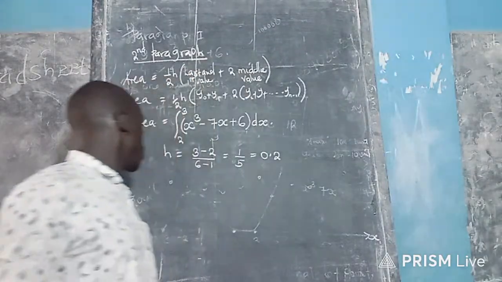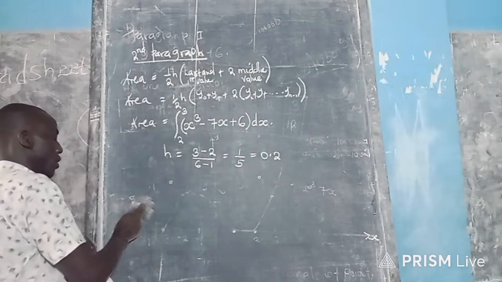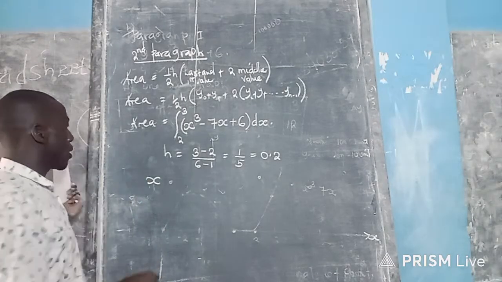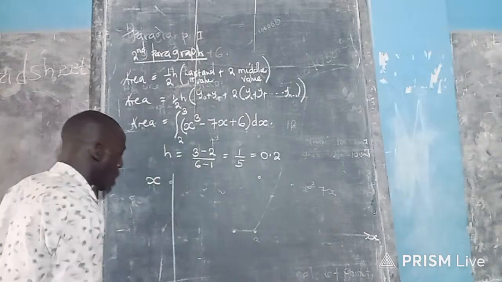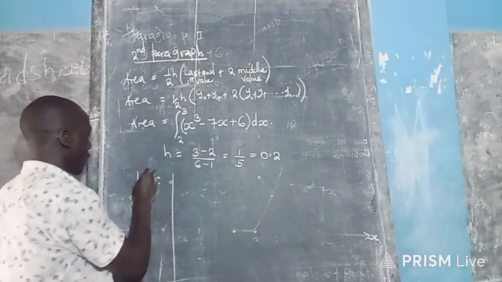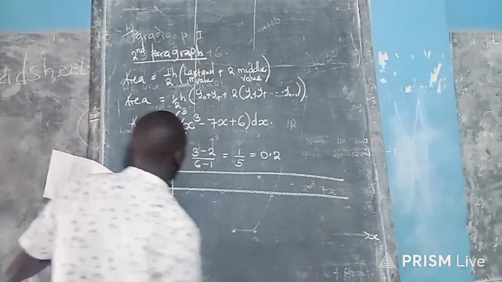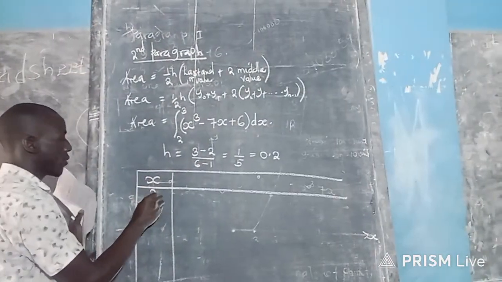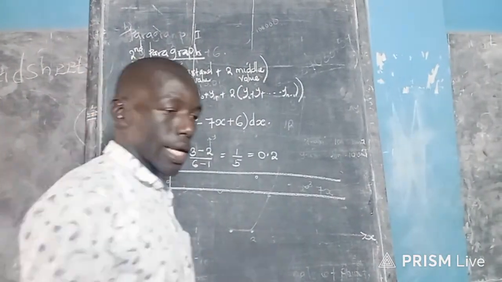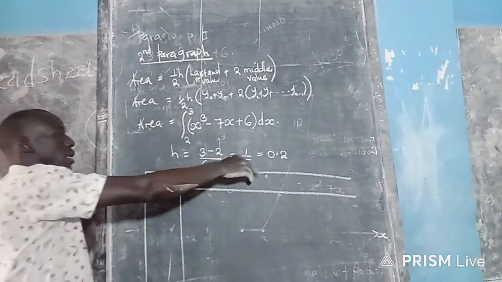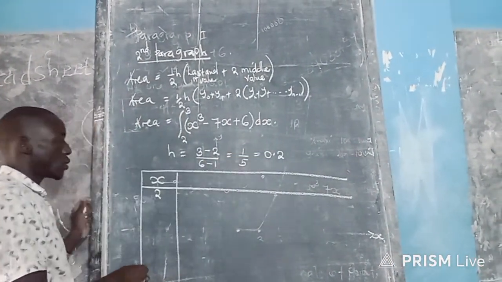So we are going to use the 0.2 to get the range. So if I have the values of x, that will give us the first lower limit of 2, the limit until we reach 3 using an interval of 0.2.